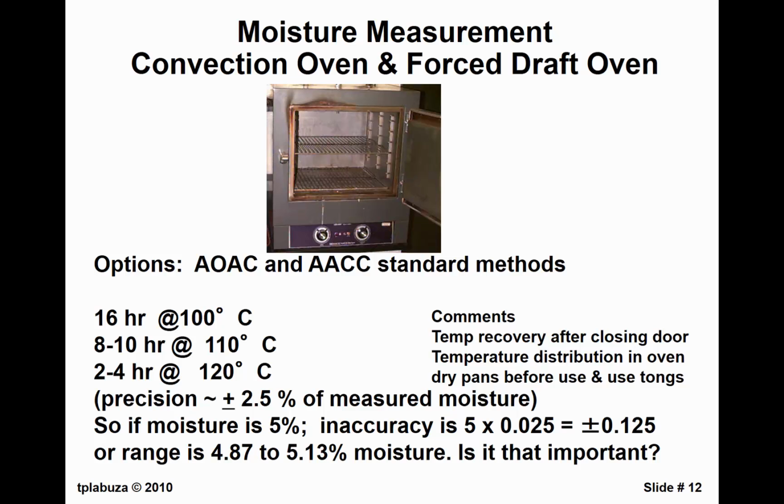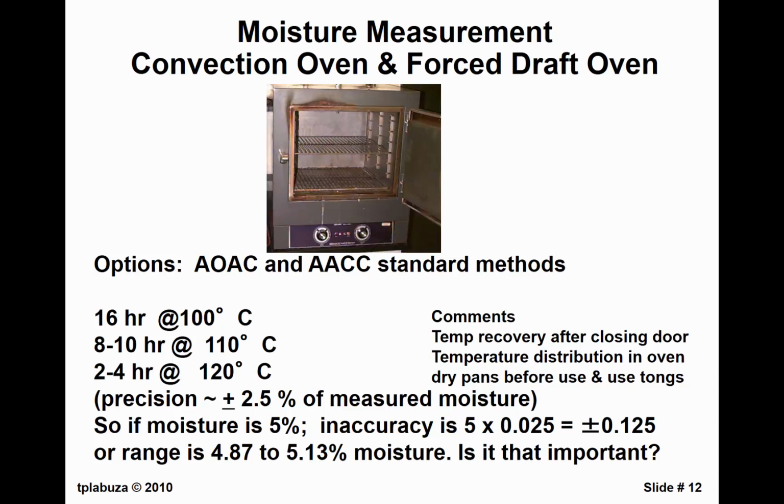But that assumes that all these little cabinets are the same, and they're not. Some of them have heaters on the top, some have heaters on the bottom, and you get some problems in there. Precision here is about 2.5% of the measured moisture content. So let's say if your moisture was 5%, the inaccuracy in this is 5 times 0.025, which is plus or minus 0.125.